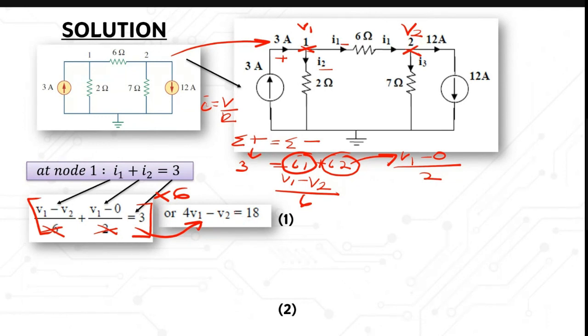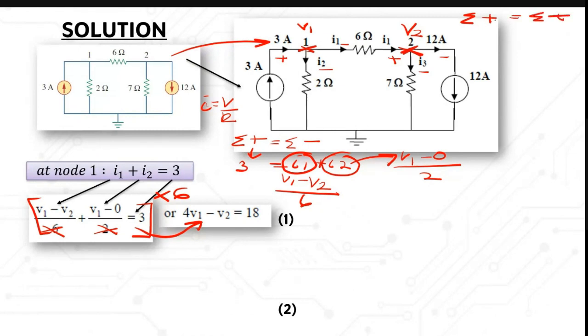All right, and after that, we also need to get another equation at node V2. So the node V2 is here, right? We know that this one is entering the node, where this one is positive, and these two are leaving the node, where they are negative. So for this one, positive equals negative.